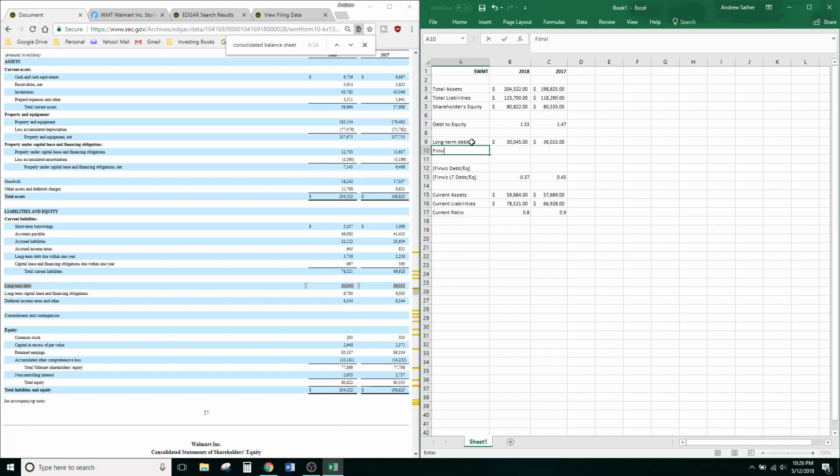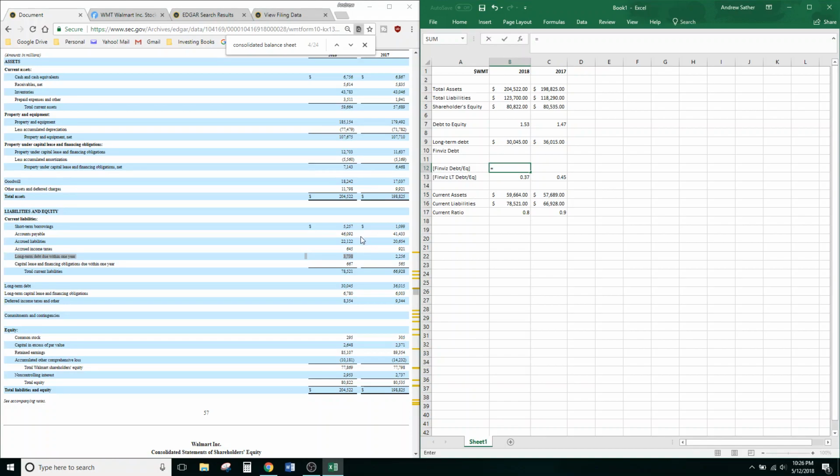Let's call it FinViz debt. I would probably take long-term debt for sure. Obligations and income taxes does not count because it's not quote-unquote debt. Here, short-term borrowings, that's going to be debt. And then long-term debt within a year, that's going to be debt. So that's three little places.